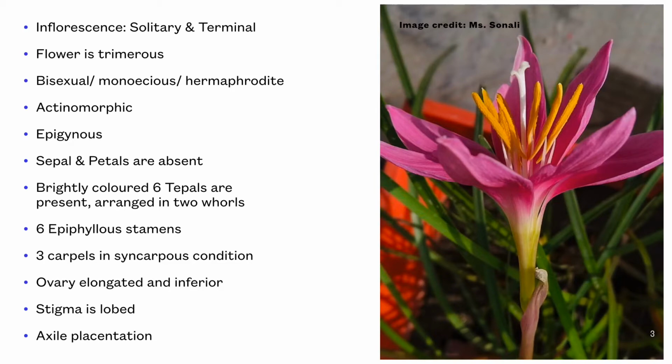3 carpels are present and they are in syncarpous condition, that is all the 3 carpels are fused and form one single structure or gynoecium. Ovary is elongated and inferior.